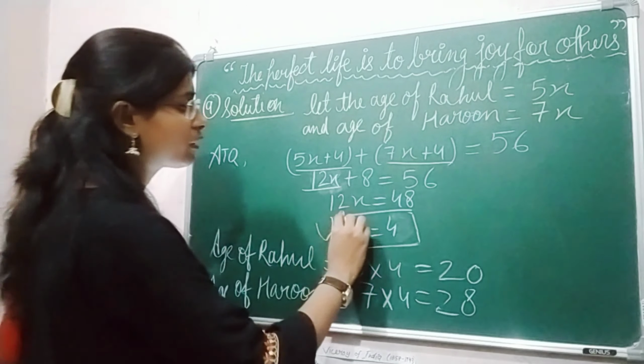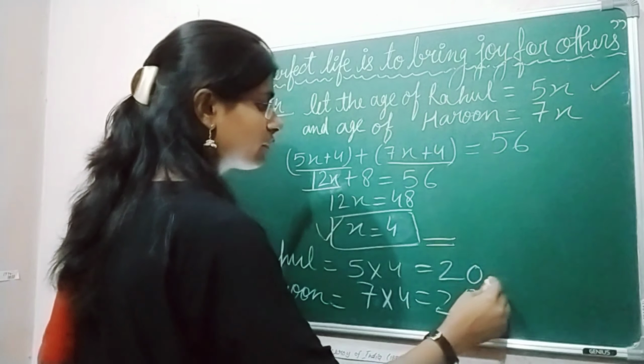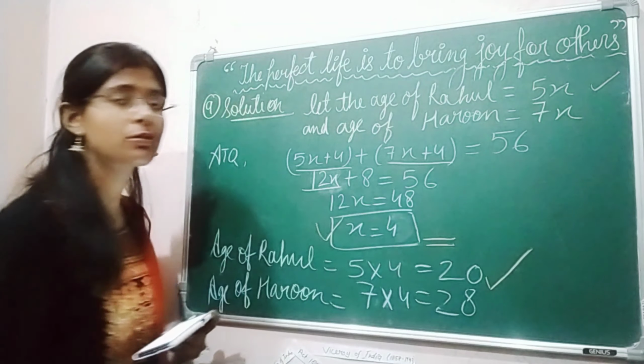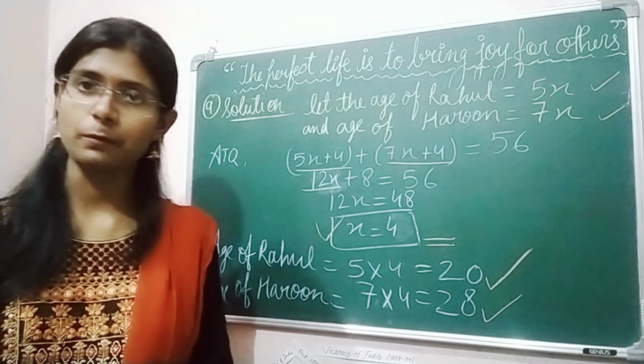After solution, the value of x would be nothing but 4. Now put this value of 4 in the equation that you have assumed. Here 5x will be giving you 5 4s are 20 and 7x would be giving you 7 4s are 28, which are the ages of Rahul and Harun respectively.